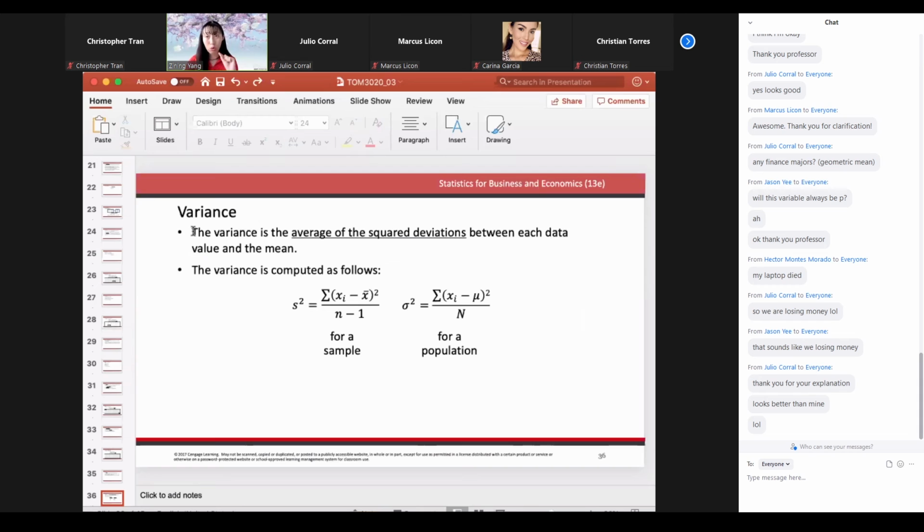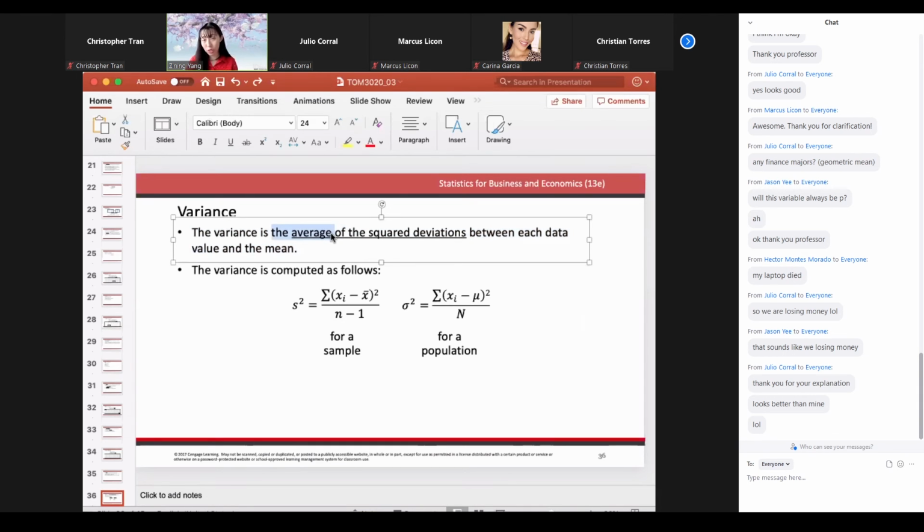So read through. The variance is the average of the squared deviations between each data point and the mean. So you see, it specifies the few steps. When you read it, you see the variance is the average, right?